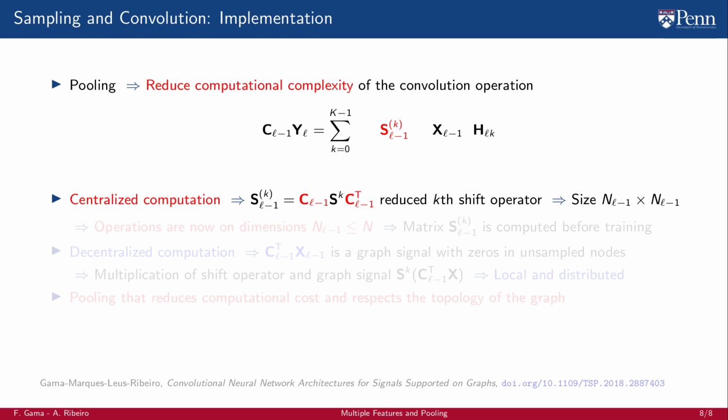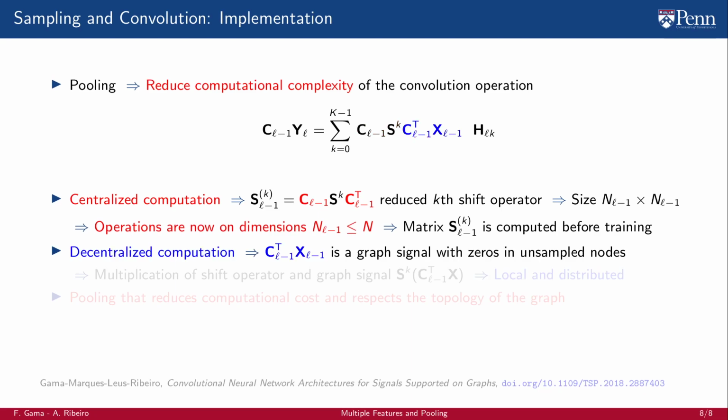And we see that C_{L-1} multiplied by S^K multiplied by C_{L-1} transpose is actually of dimension N_{L-1} times N_{L-1}, which is less than n times n. Thus, we have indeed reduced the dimension of the shift operator by computing on N_{L-1} instead of n. Also, note that this reduced kth shift operator can be obtained before training since it depends on known quantities.